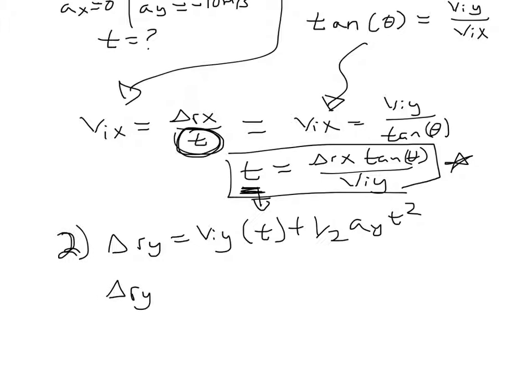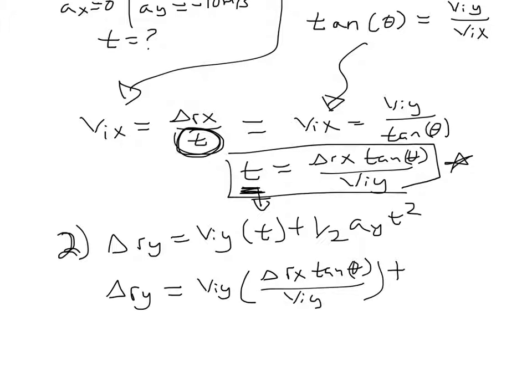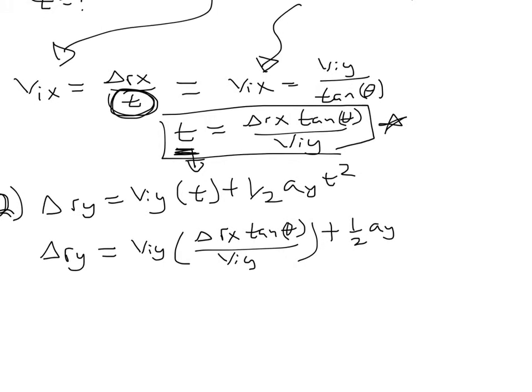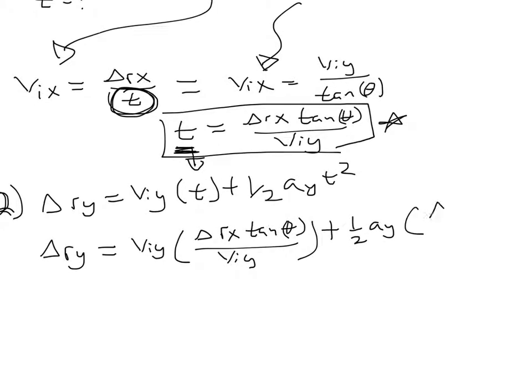So delta ry, change in height in the y direction, is equal to initial velocity in y times time, and we'll write this as delta rx times tangent theta divided by initial velocity in y, plus 1/2 acceleration in y times time squared. Oops, what we want to do actually is write this time as delta rx, change in displacement in x direction, times tangent of theta divided by initial velocity in y, and that quantity is squared.